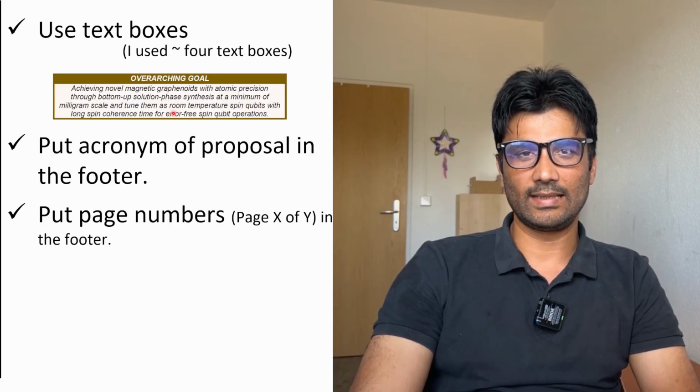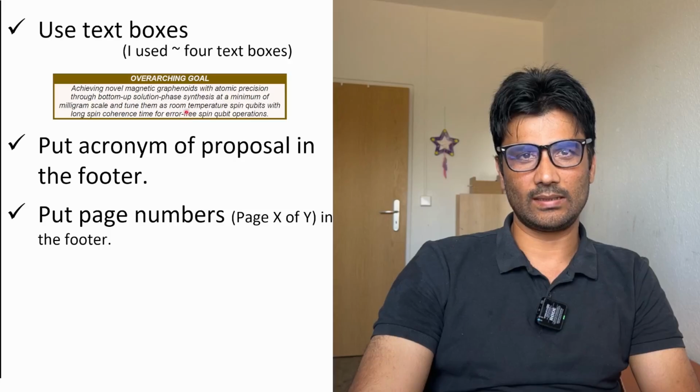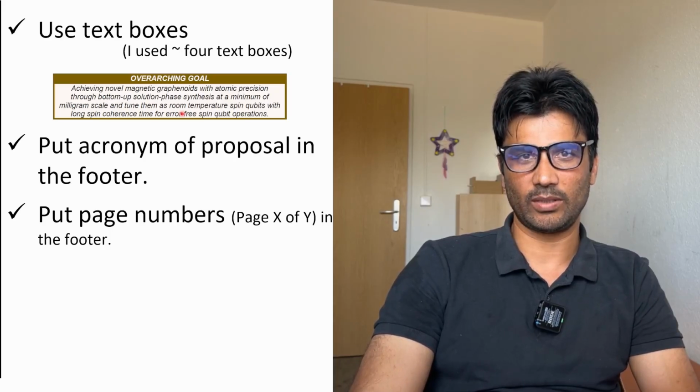Just make a nice looking text box with maybe a different font. For example, I used Arial 7.5 here, and the heading here was Arial 8. This was on my second page, the first text box, when I was trying to sum up all the objectives and the goals of my proposal.